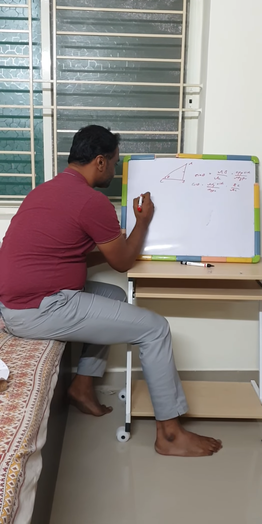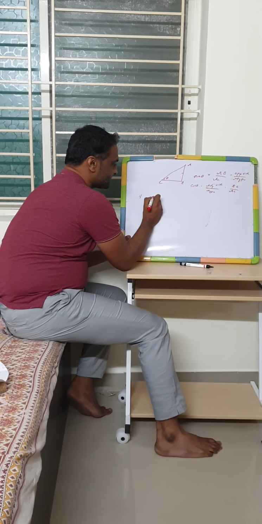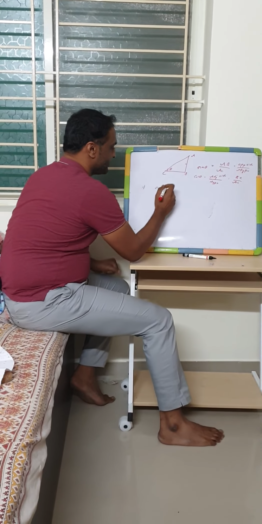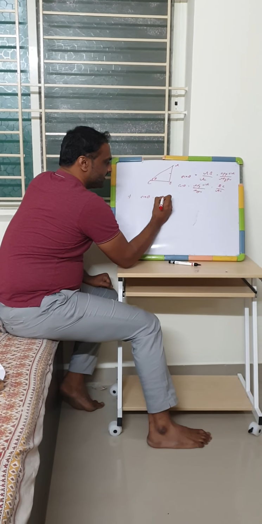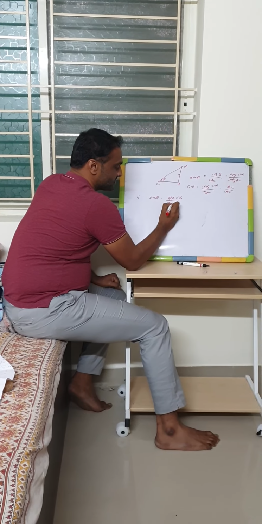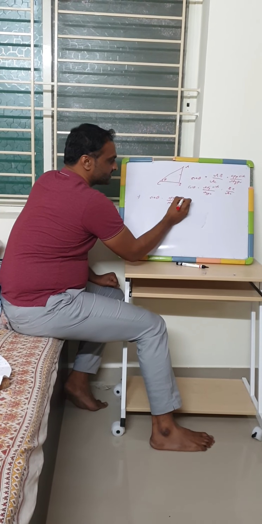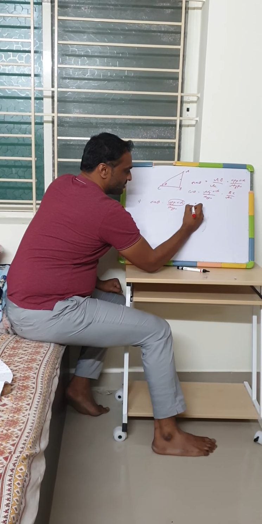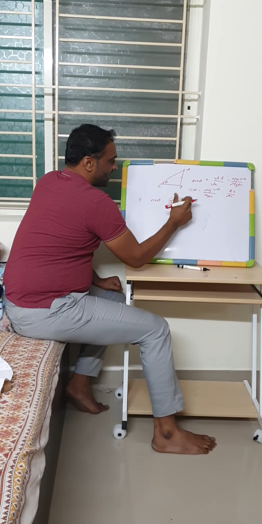First one: since sin theta, as per your definition, is opposite side by hypotenuse, a side is a length, right? Length is always positive, and the hypotenuse length is also always positive.